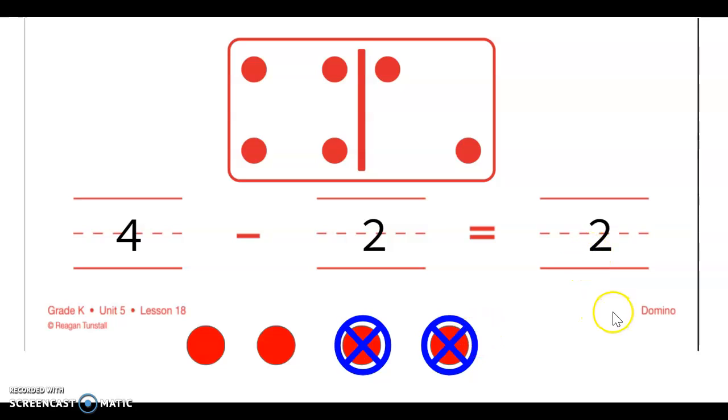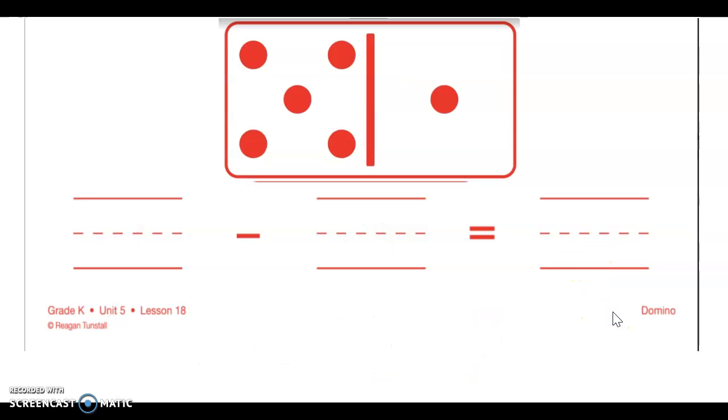Good job. Let's do another one. After this, you're going to be practicing before you get your assignment. So let's look at our greater number first, the biggest number, which is what? Let's count to see. Count with me. 1, 2, 3, 4, 5. So 5.